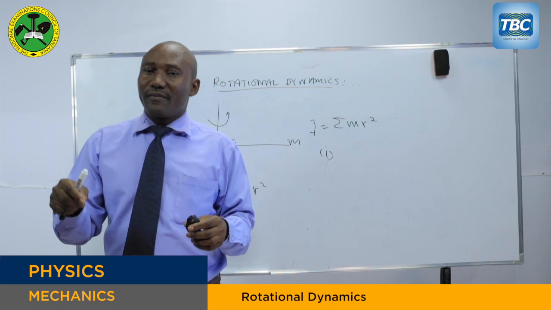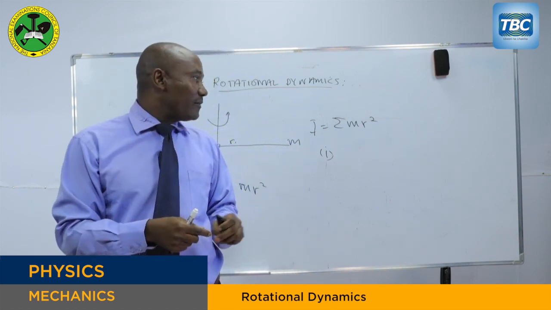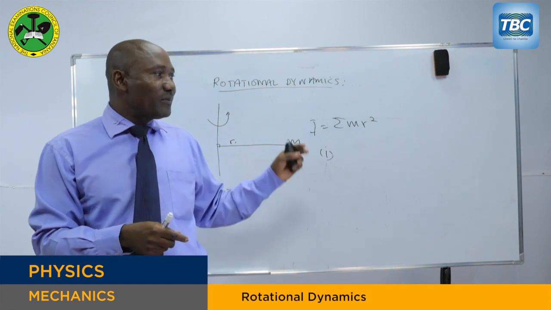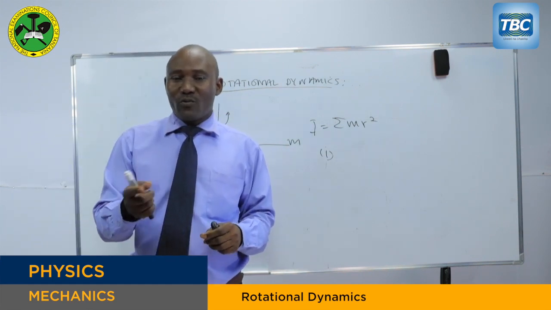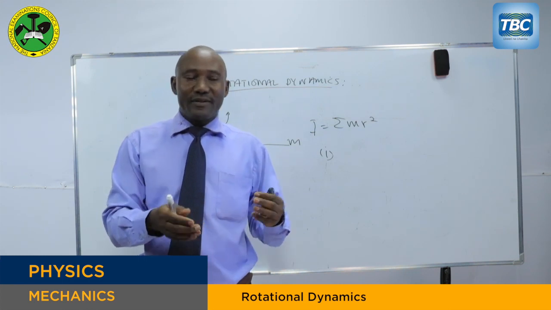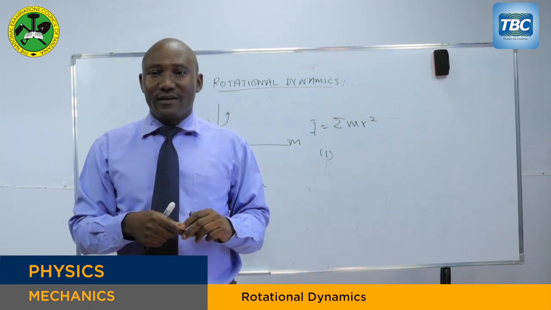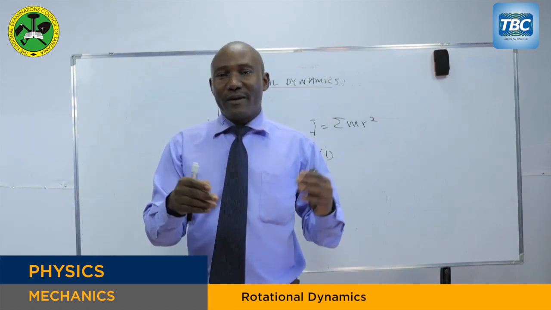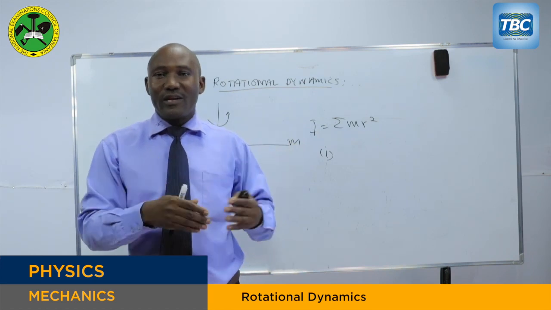When you have a bigger mass of the particle rotating from the same axis, it makes the moment of inertia large. That's one. The moment of inertia depends on the mass of the particle. But not only the mass, there are other factors we can consider also.